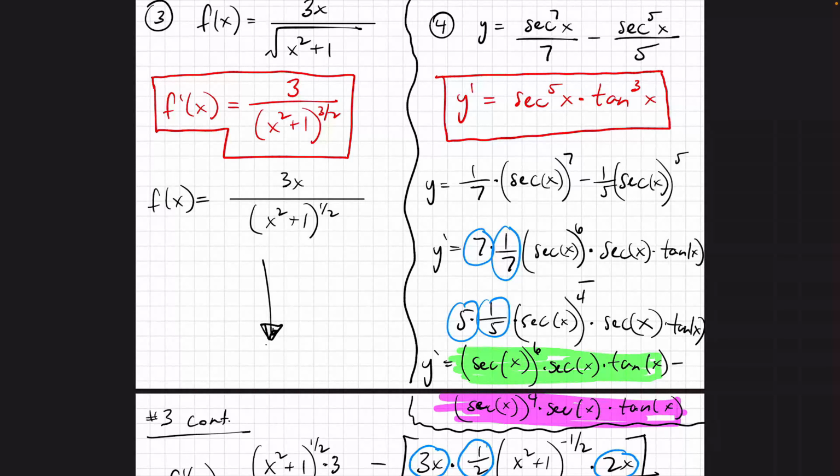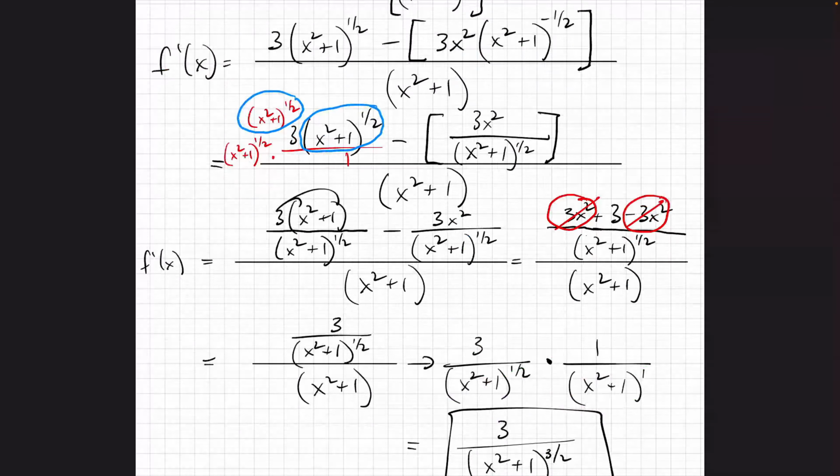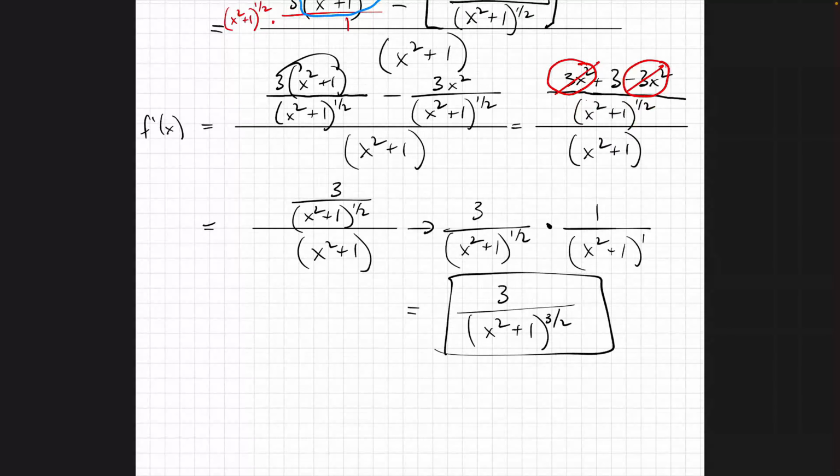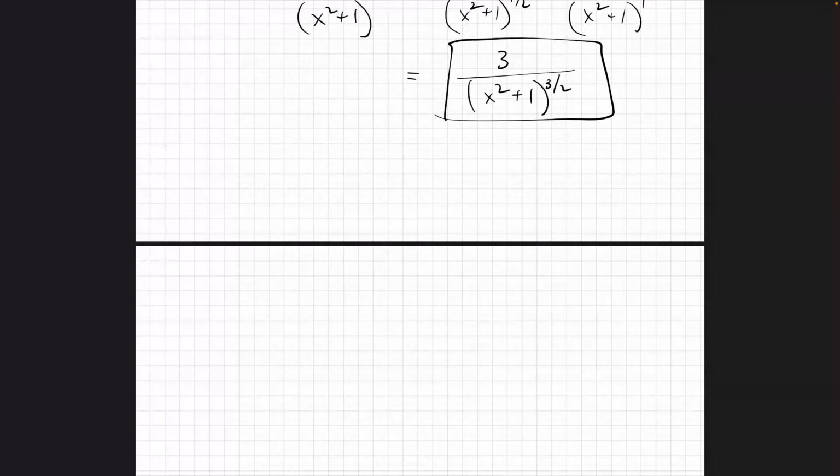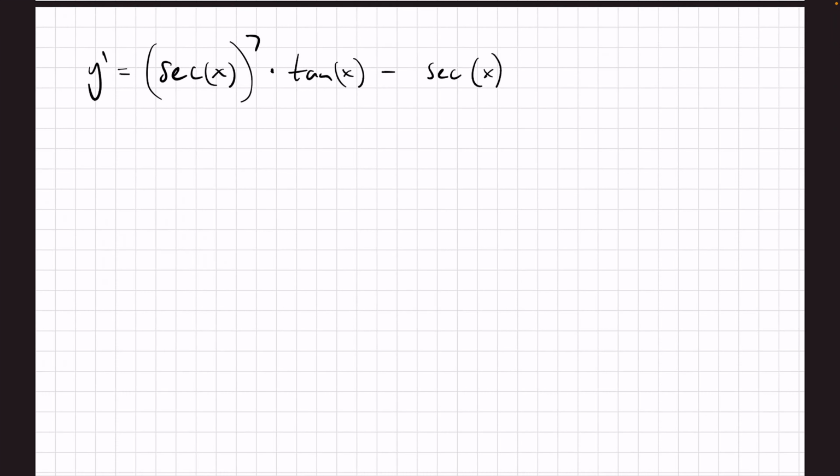Explain to me like this. Let me write it down here. I can't do product rule. Oh, I think I understand. I'm trying to figure out how to do it. So I get secant of x to the 7th times tangent, because we have this, minus secant of x to the 4th times tangent.